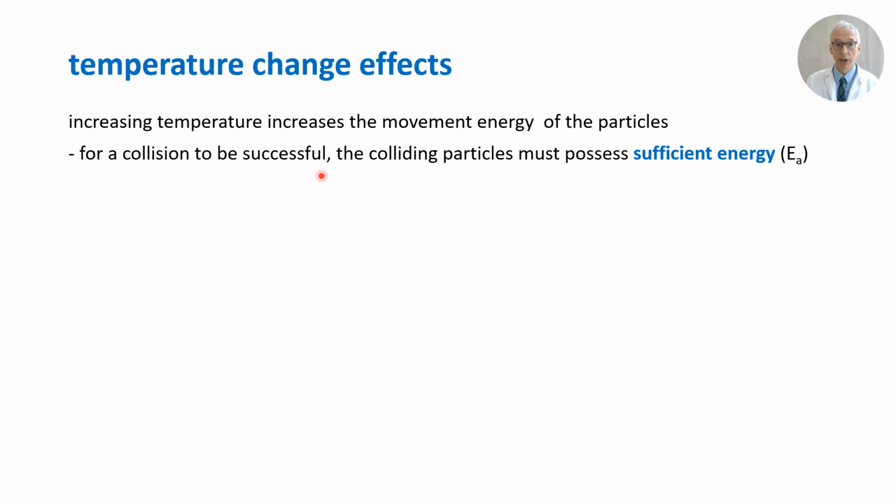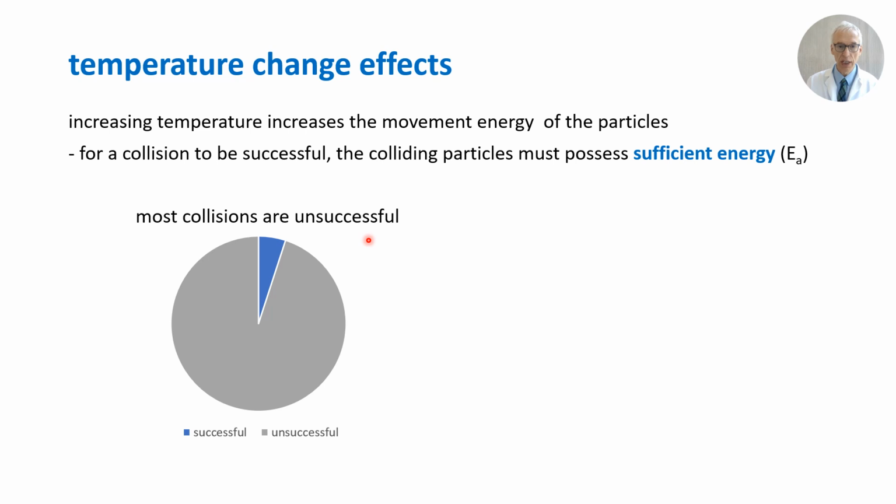Of course, for a collision to be successful, that is to result in a reaction, the colliding particles must possess the activation energy, that is sufficient energy. Now, most collisions are unsuccessful. A very small proportion of the collisions that occur at a given temperature result in a reaction. The vast majority of collisions do not produce a product.